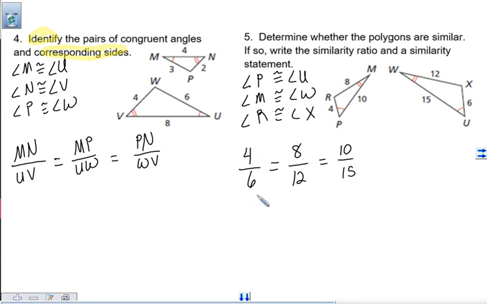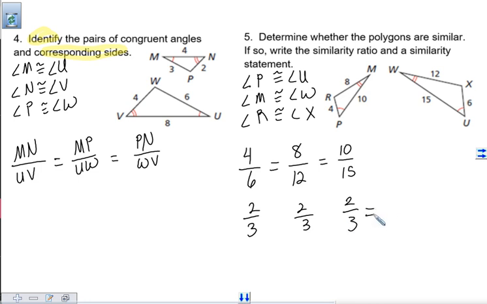And what does 4/6 reduce to? 2/3. What does 8/12 reduce to? Also 2/3. And what does 10/15 reduce to? Also 2/3.